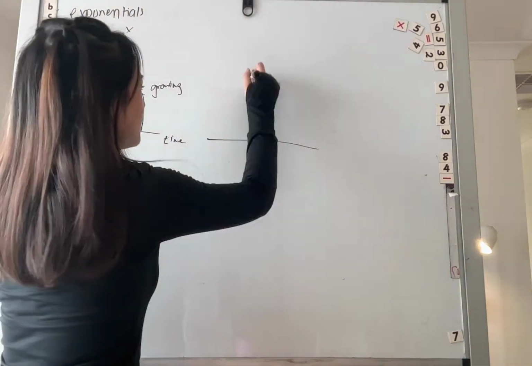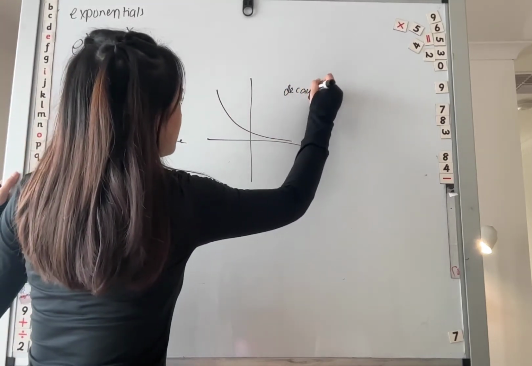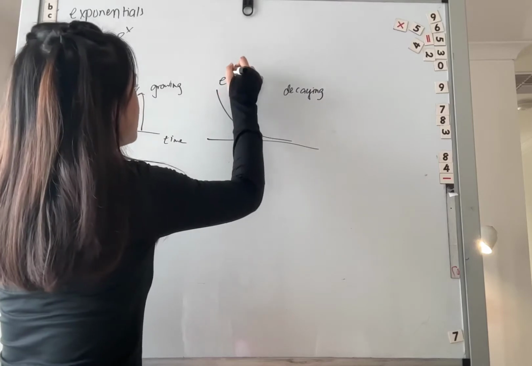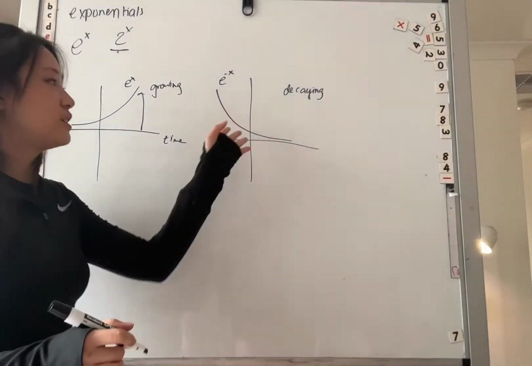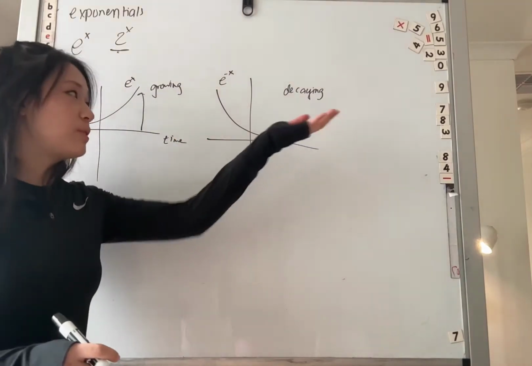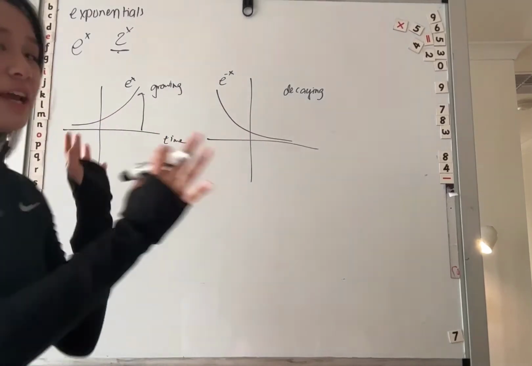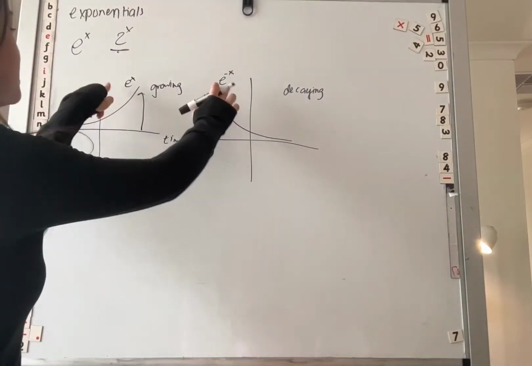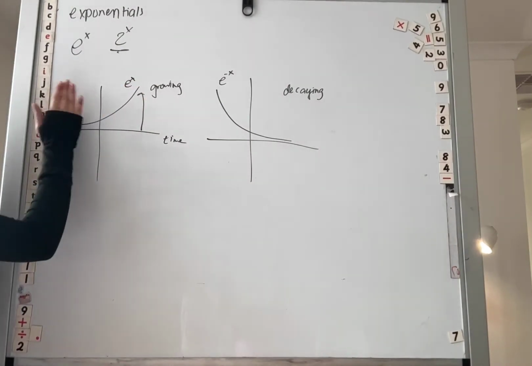And then there's the other one that's decaying. E to the power of negative x. And once again, when I think decaying, okay, it's like just a population dying out. That's what I like to think of. And you'll realize if you relate it to the square root concepts before, you can see the reflection, right? So this is obviously flipped across the y-axis.